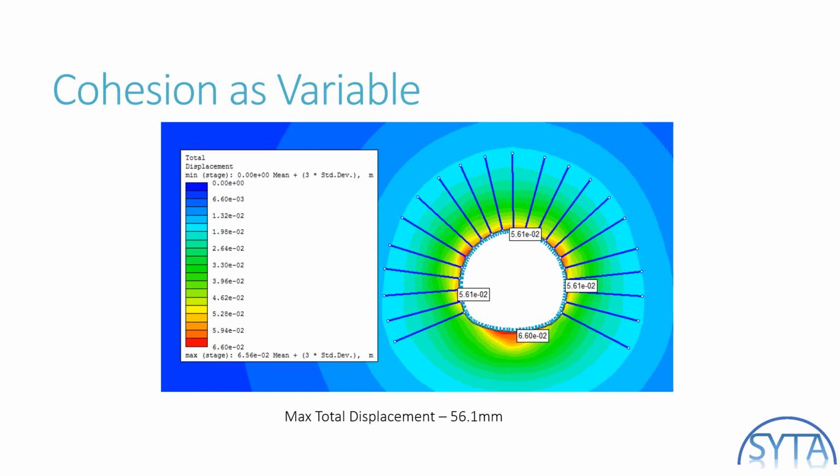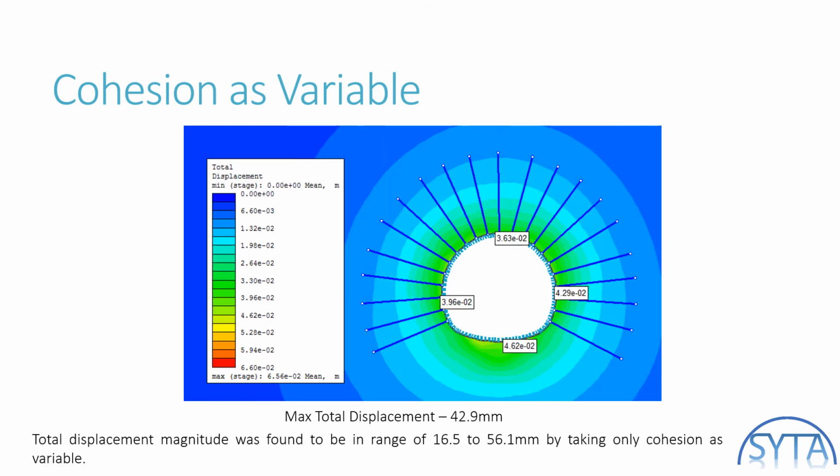And finally, the cohesion, when varied, will show a maximum displacement of 56.1 mm for the extreme cases, incorporating all the different scenarios, and 42.9 mm for the mean case. It shows that the total displacement magnitude is in the range of 16.5 to 56.1 by taking cohesion as a variable.